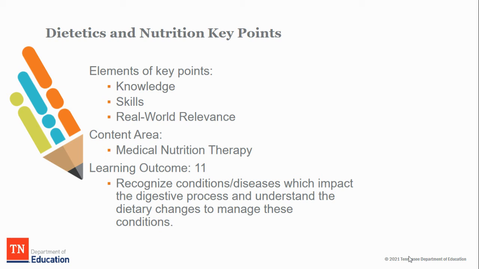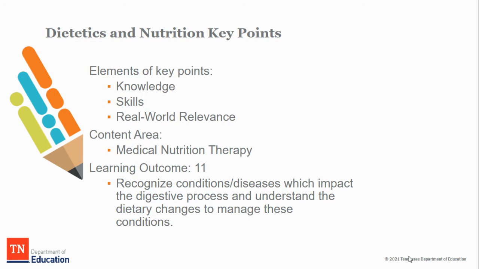You may have them looking at diverticulitis. You may have them look at gallstones. You may have them looking at GERD or acid reflux. There's a lot of different conditions and diseases for the digestive process. So it may take a little bit of background information before the students are able to master this learning outcome.